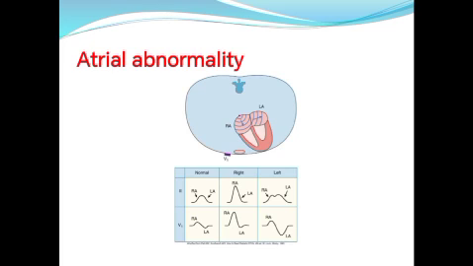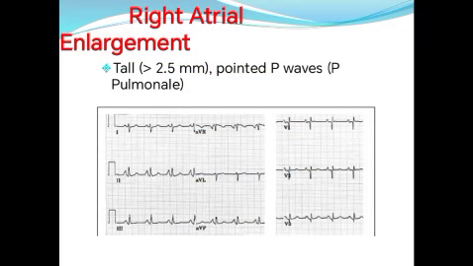So what are the atrial abnormalities? We have right atrial enlargement. It will be a tall, more than 2.5 millimeter, pointed P wave.